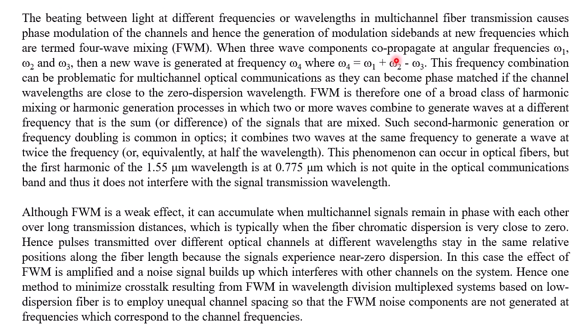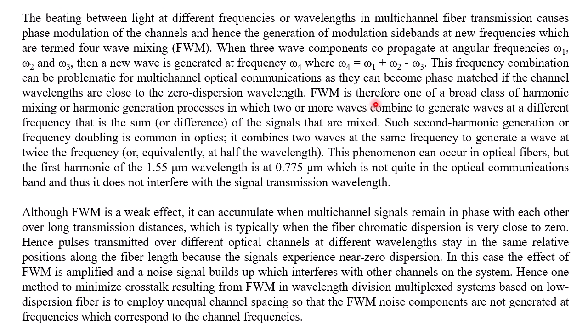When three wave components co-propagate at angular frequencies omega 1, omega 2 and omega 3, then a new wave is generated at frequency omega 4, where omega 4 equals omega 1 plus omega 2 minus omega 3. This frequency combination can be problematic for multi-channel optical communication, as they can become phase matched if the channel wavelengths are close to the zero dispersion wavelength.